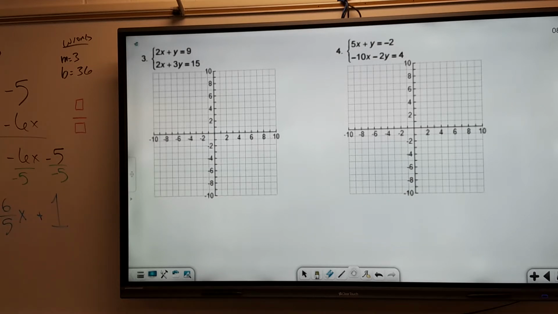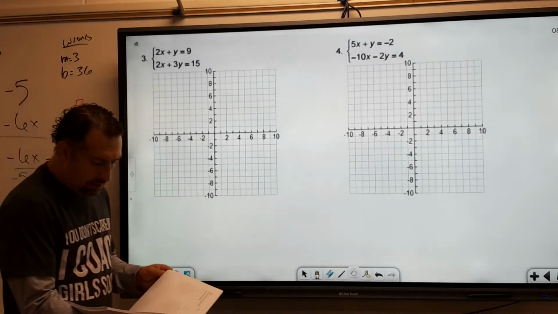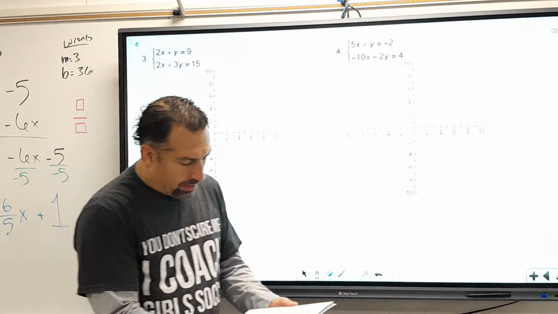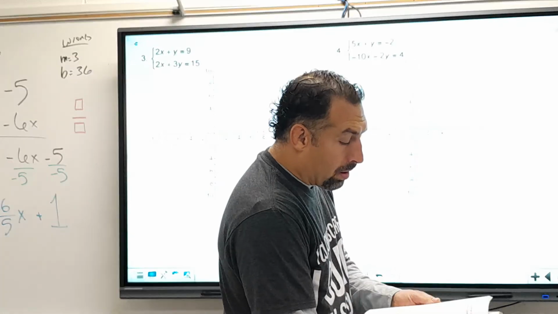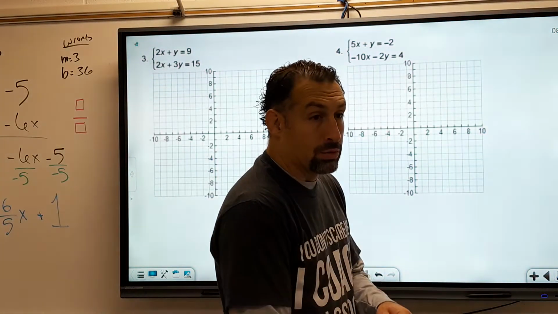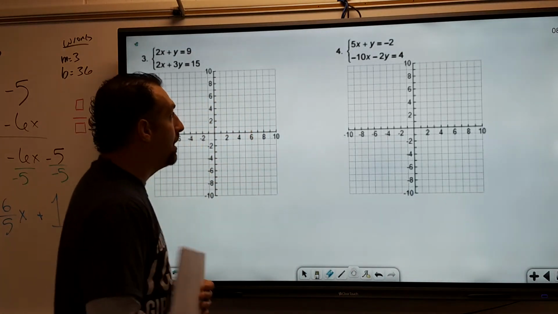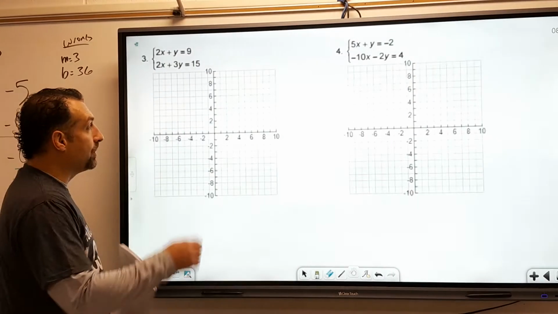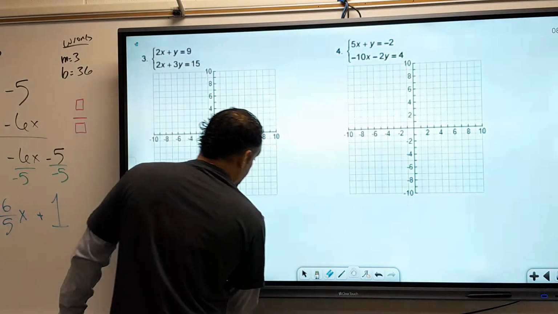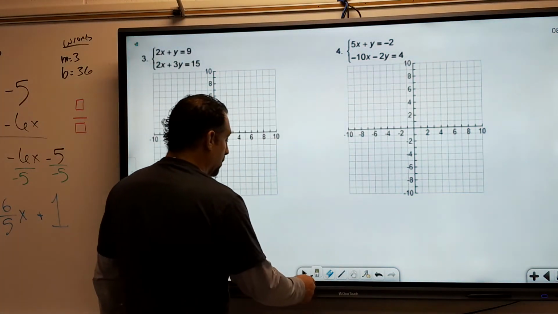Yeah, it's like I thought. They're all solved for Y already, so we're really just working on the skill of graphing the two lines, which is kind of easy. I'm gonna change this one.